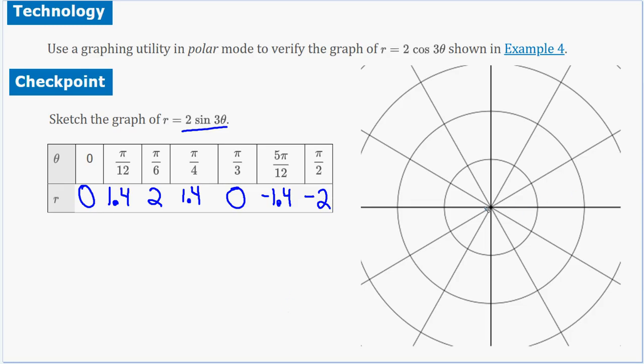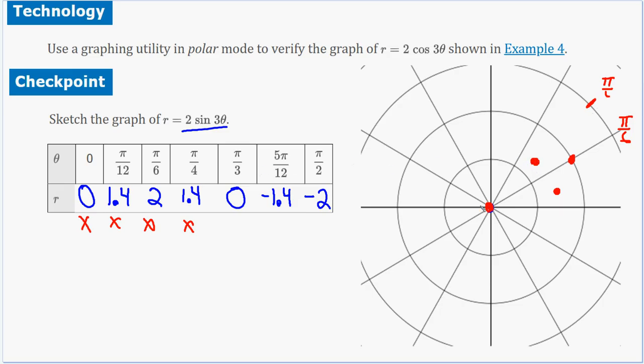So at 0, we are at the origin, first dot. Pi over 12, again, if this is pi over 6, pi over 12 is halfway down, about 1.5. So right here, at pi over 6, we're out 2 units. At pi over 4, which would be right about here in the middle, again, 1.41.